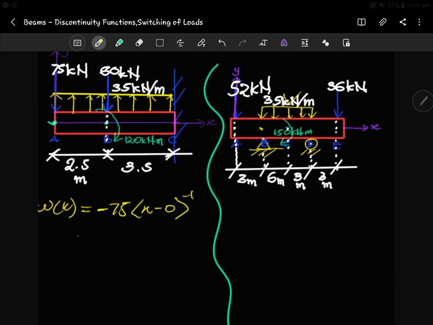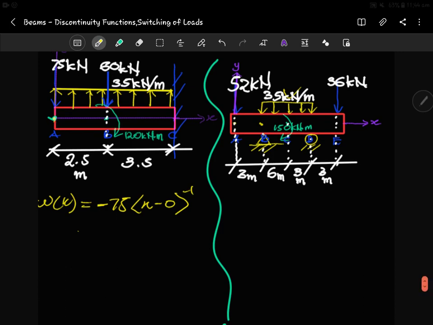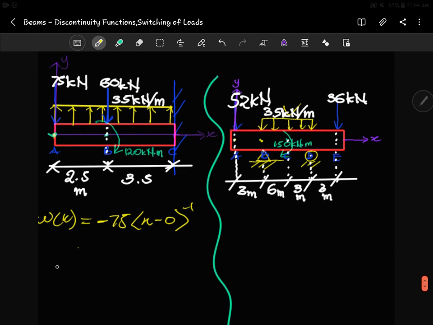And at that very point, at the origin, I have something else that starts there, which is a uniform distributed load going up, so that's positive. Then I have 35 as the magnitude, and the bracket x. Where does it start? 0, and since it's uniform distributed, n is 0.